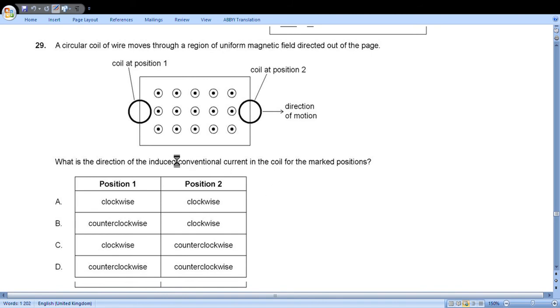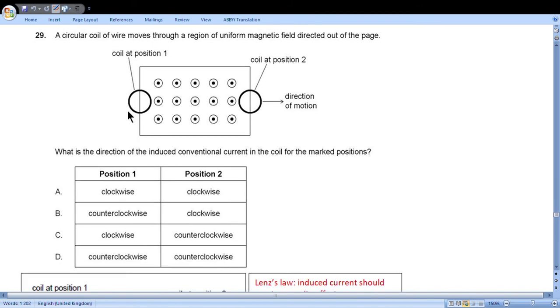When the coil is at position 1, the magnetic flux is increasing. It means that the current inside the coil should oppose the increase, so create a magnetic field into the paper.